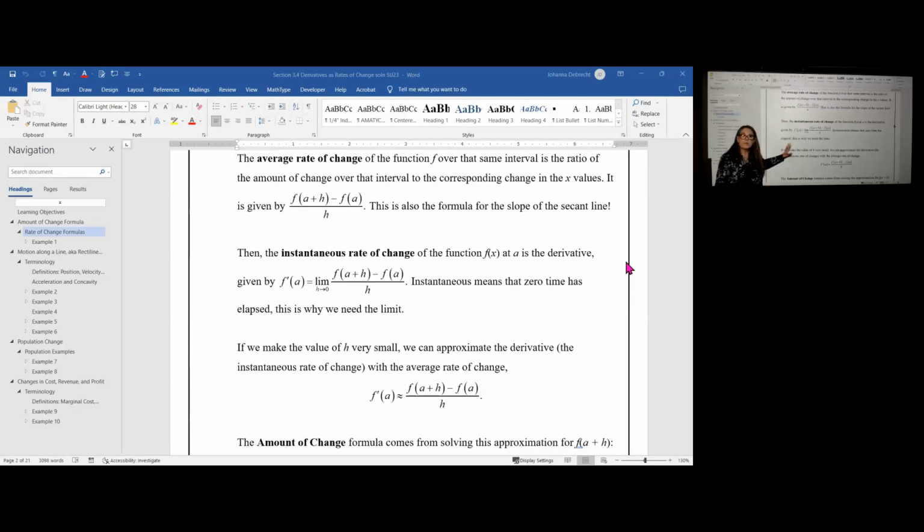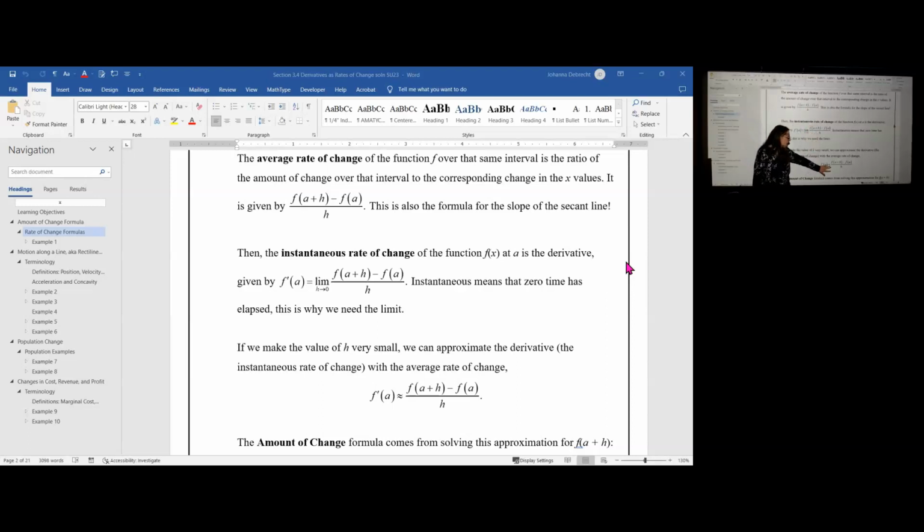We want to now approximate the value of the function later in time, the f of a plus h, by taking a very small interval. That is, we're going to have h be a tiny amount, not 1, not 2, but 0.1 or 0.01, very small. If the value of h is very, very small, then I can approximate the average rate of change with the instantaneous and vice versa.